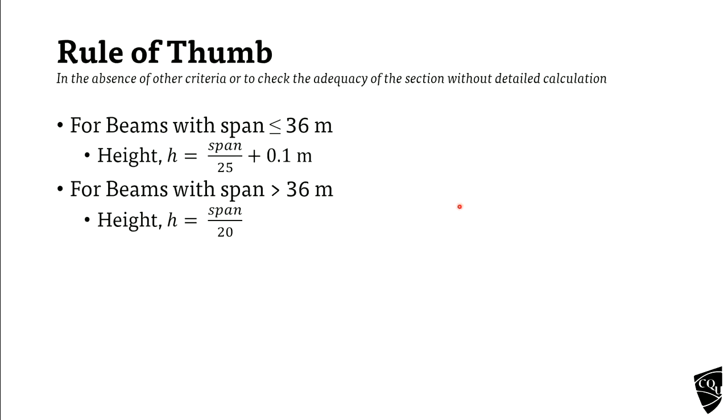If you have a rectangular section, this is some rule of thumb. That means you can assume a depth of the beam something like this. It is not exactly correct, or sometimes it might not be.